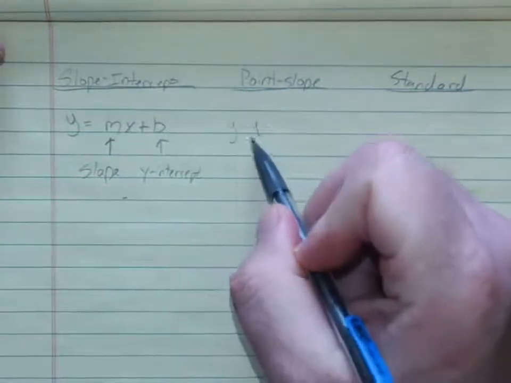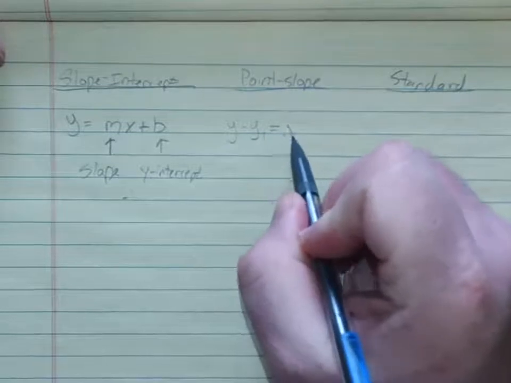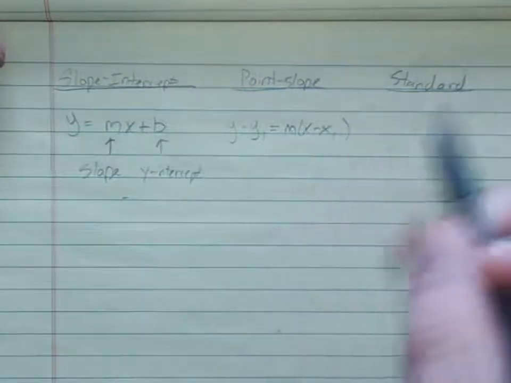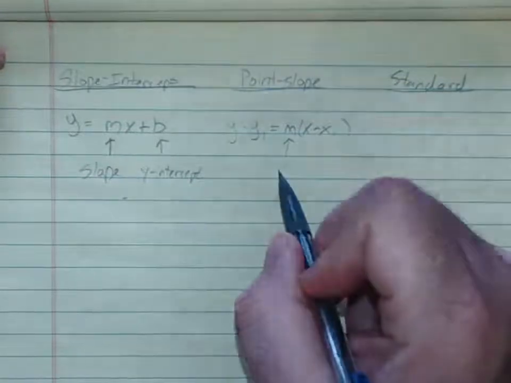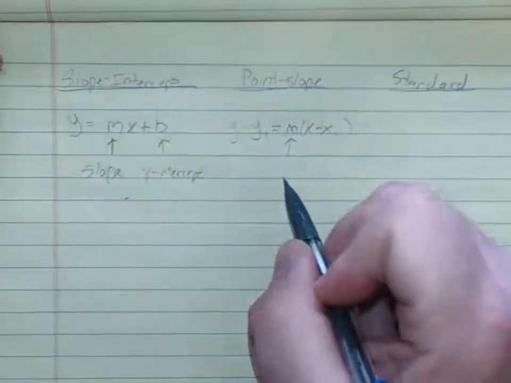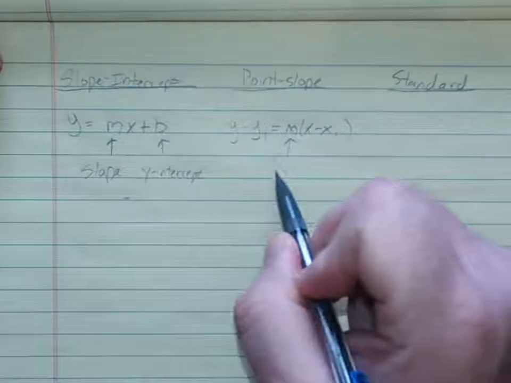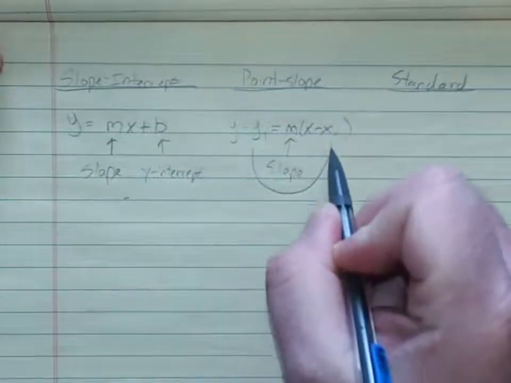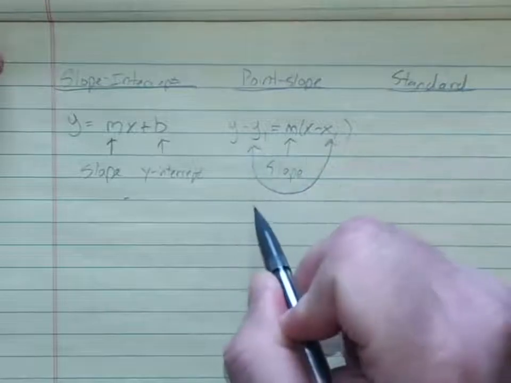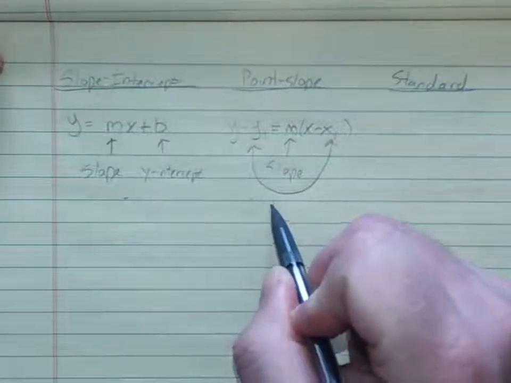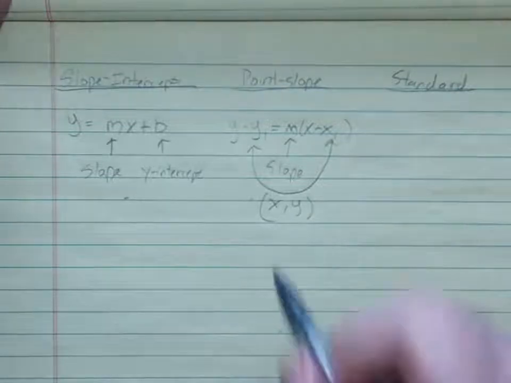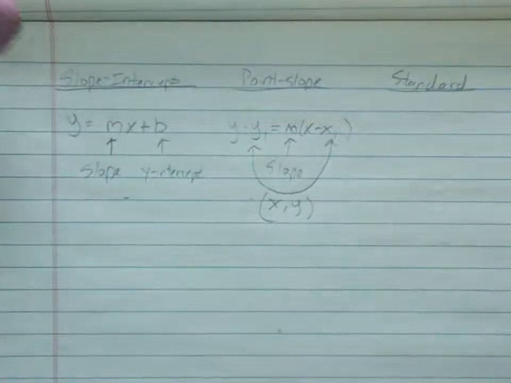We got y minus y1 equals m times x minus x1. And of course, the m is the slope again. And then the x1 and y1, those are the x and y from a point. So I'll write it like that, all right? X and y from a point, any point on the line.